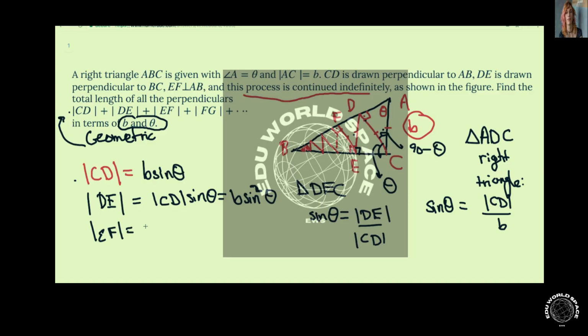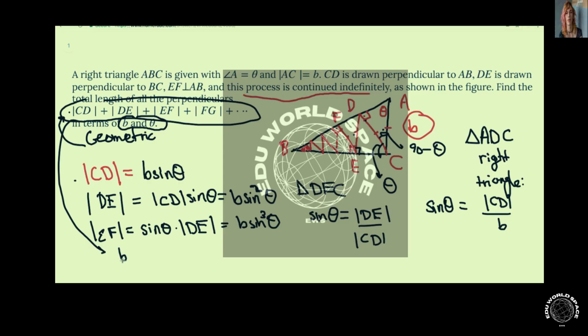This one will be sine theta times DE, so this one will be B sine cubed theta. So then this infinite sum that we're being asked to compute is just equal to B sine theta, B sine squared theta, B sine cubed theta, and so on.